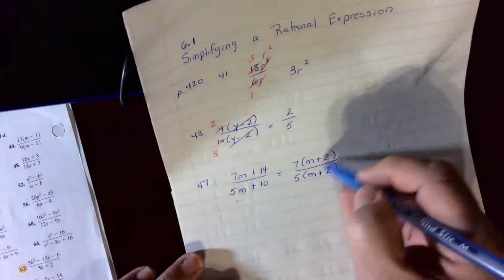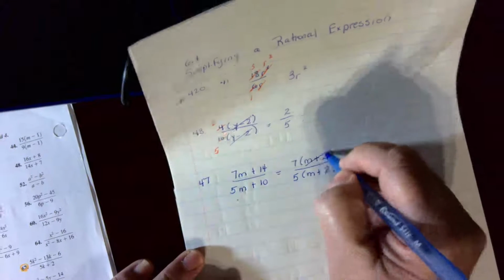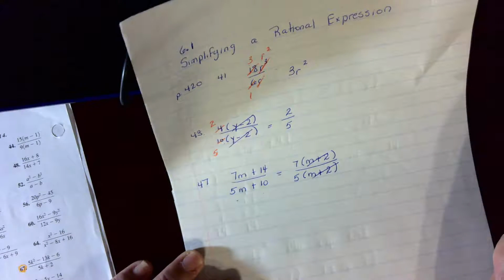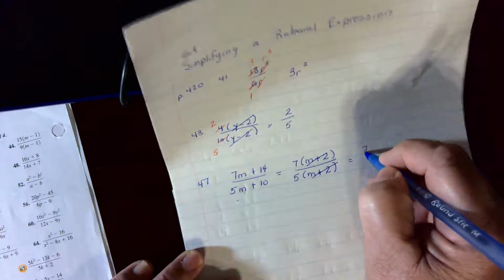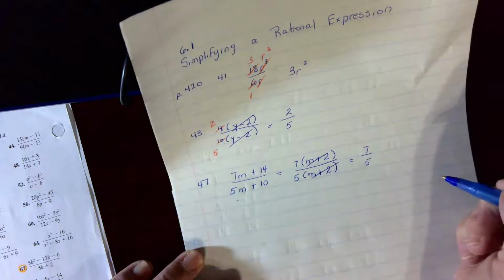And from the denominator, I can factor a common factor of 5. And when I have now factored those out, I have a common factor of m plus 2 that will divide out. There's nothing that will divide into 7 and 5, so that becomes my answer.